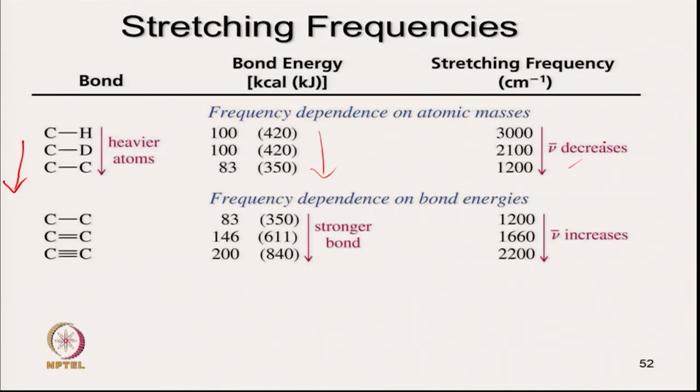We will now look at the effect of K, which is bond stiffness. As we know, bond stiffness is going to be higher if you move from a single to a triple bond.